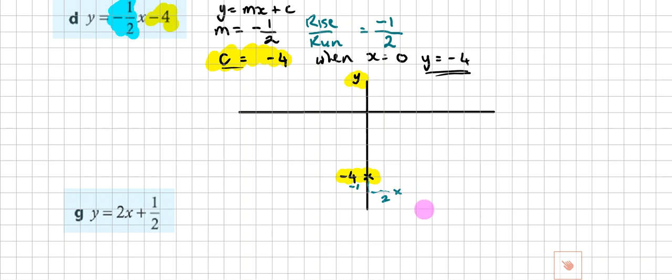So there's my next point. Down 1, across 2. This time, across 2, up 1, because I'm going the opposite way. So my line looks like this, and because I left it as a fraction rather than turn it into a decimal, that's what my line is going to look like. Make sense?